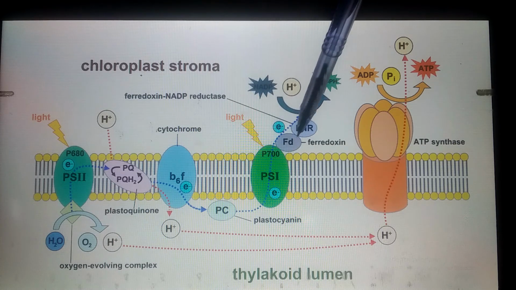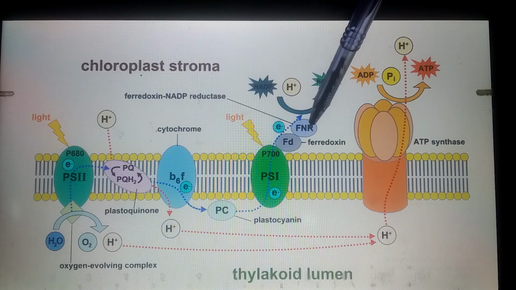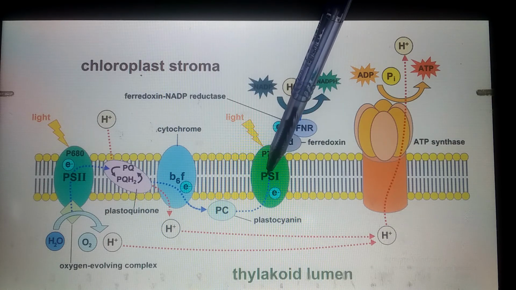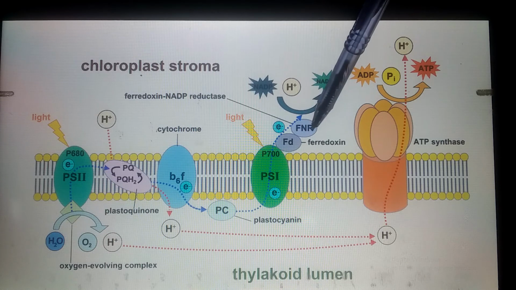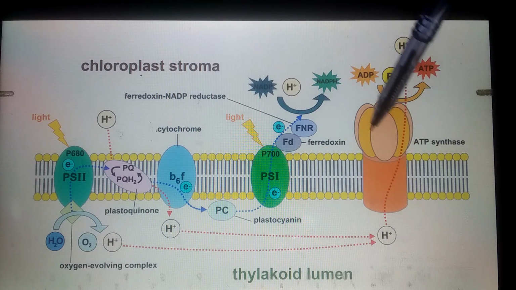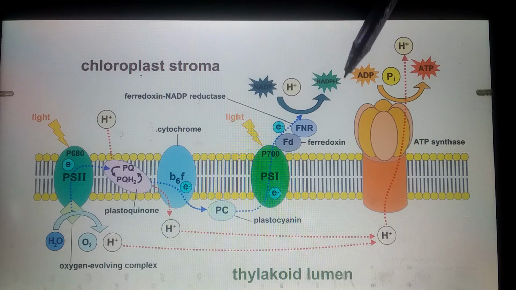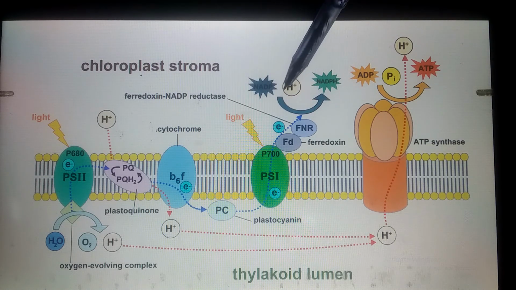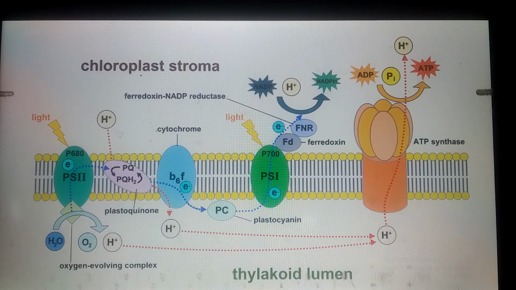From photosystem 1 these electrons are carried by the ferredoxin, which is the first electron acceptor of PS1, and at the ferredoxin these electrons and protons which are moving along the membrane are accepted by NADP, and NADP is reduced into NADPH with the help of ferredoxin NADP reductase. Is it clear to you?